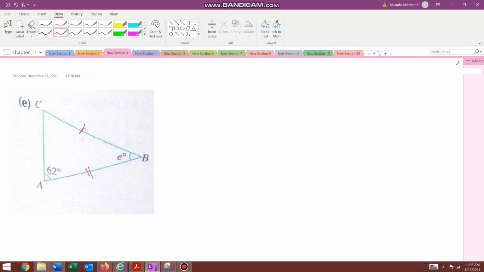Now, the first thing is that you know that the sum of all angles of a triangle is equal to 180 degrees. Now you have an unknown angle E, you have an angle given which is 62 degrees. What about the third angle? Now since it's an isosceles triangle, any two of the angles are equal, the base angles.